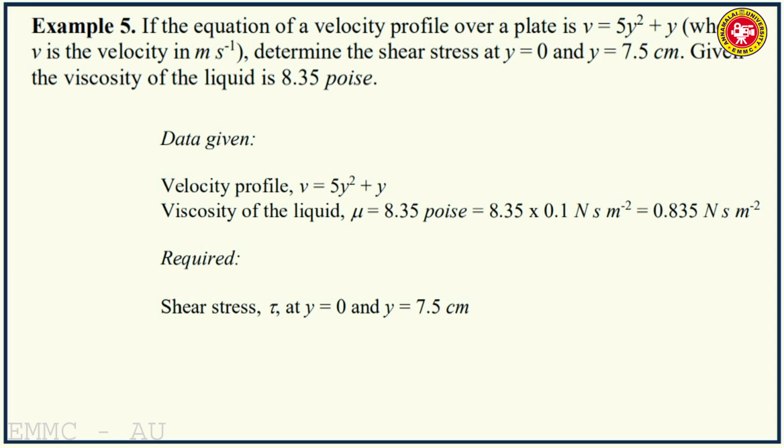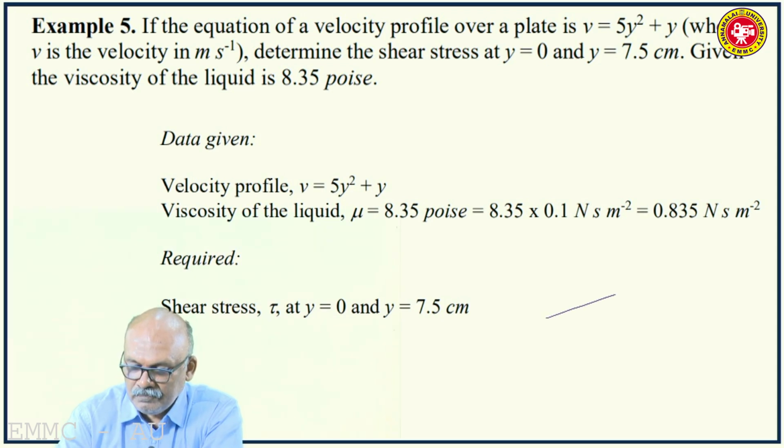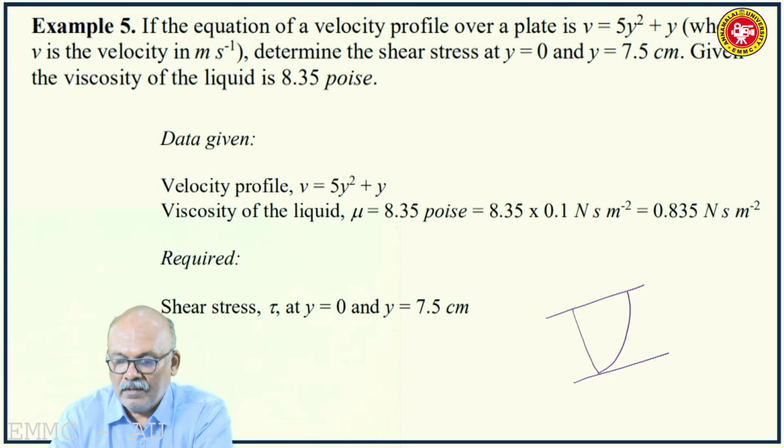Now, example 5, the next example, the third example under viscosity, the equation of a velocity profile over a plate. Now here the velocity profile is not linear. So it is say following a second degree curve like this.